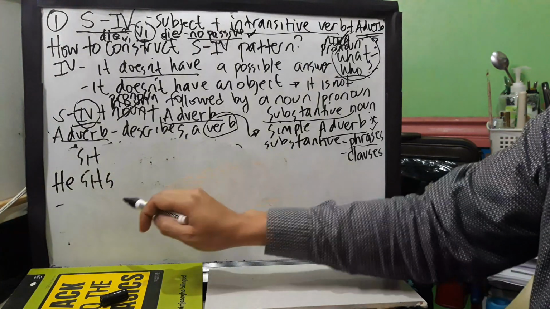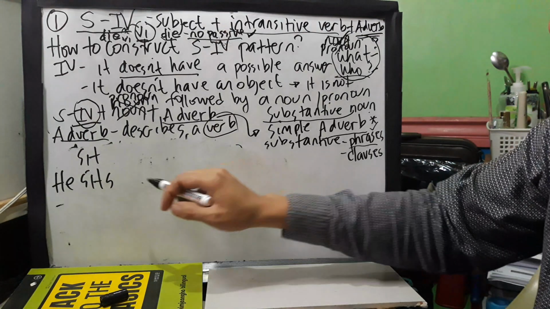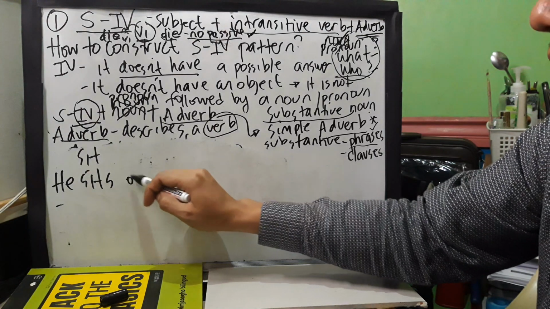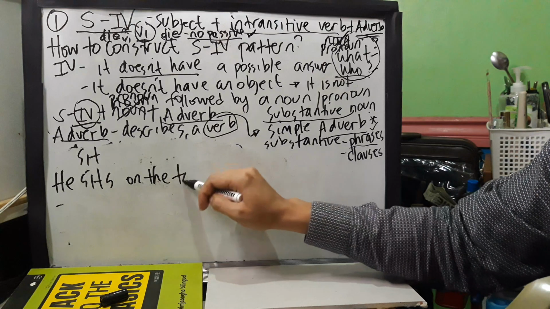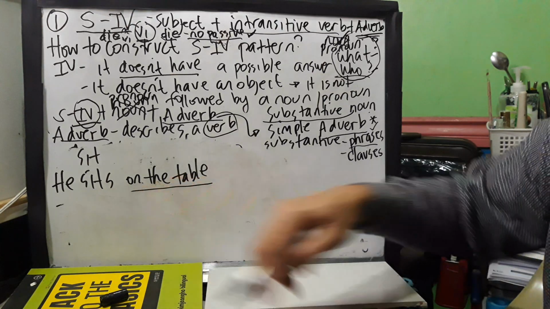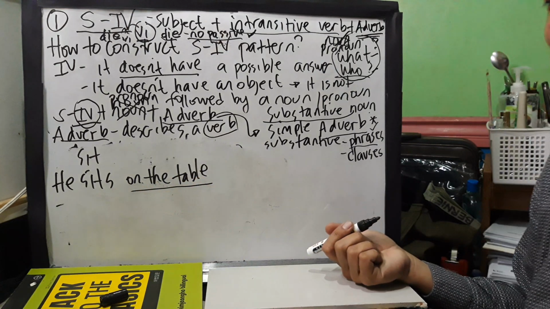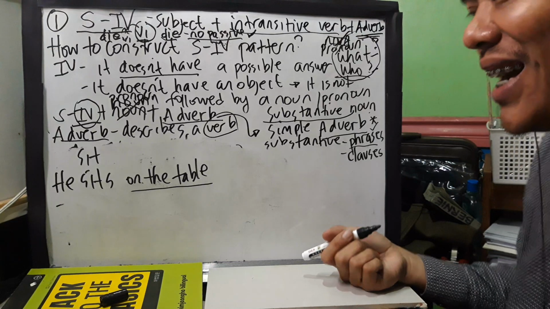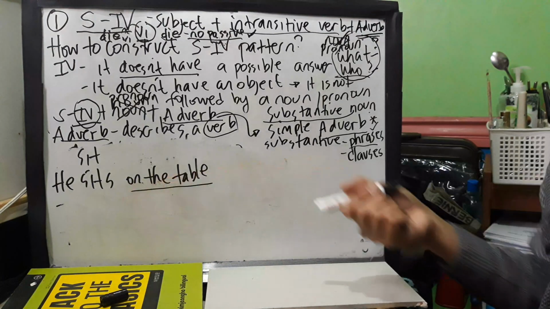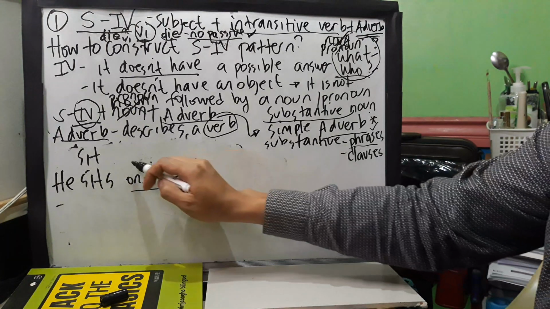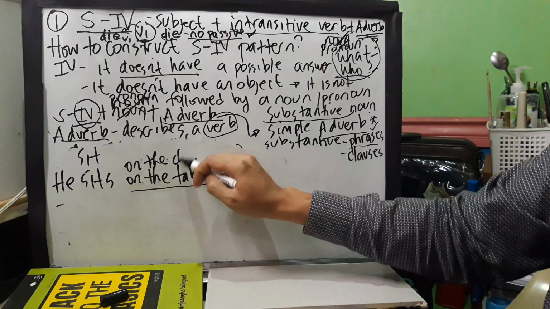Okay, where does he sit? So he sits on the table. Do you usually sit on the table, guys? He sits where? On the table. He sits where? He sits on the chair.